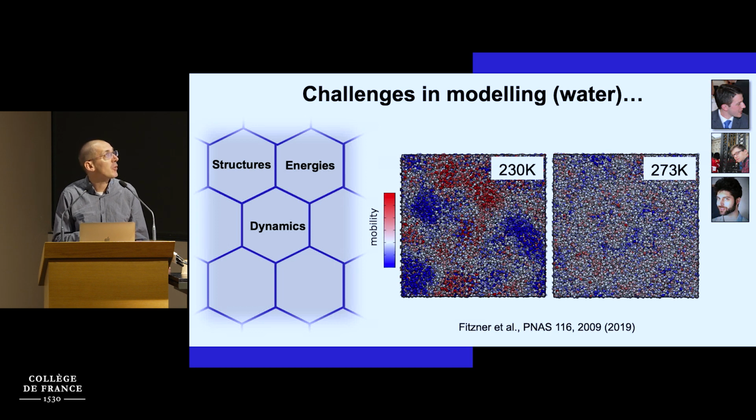In the supercooled regime, you get these spatially separated domains of relatively mobile and relatively immobile water molecules. And this again is just one of the challenges that we should be thinking about in simulating and in trying to do experiments in systems where we're going into parts of the phase diagram that we don't normally go into.